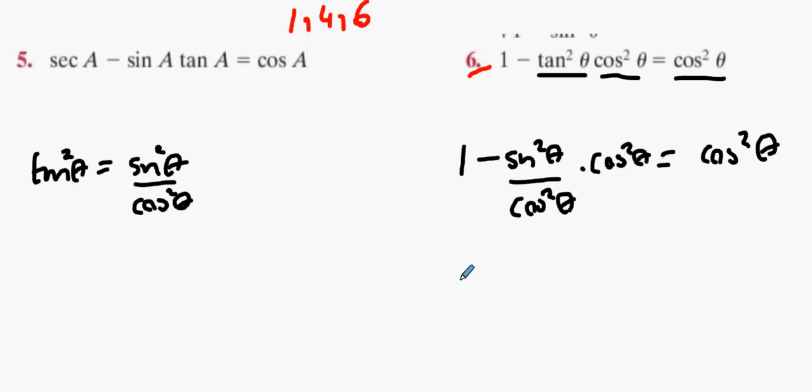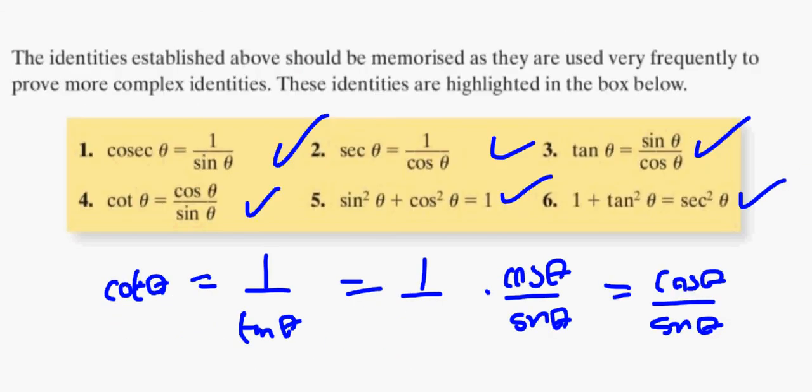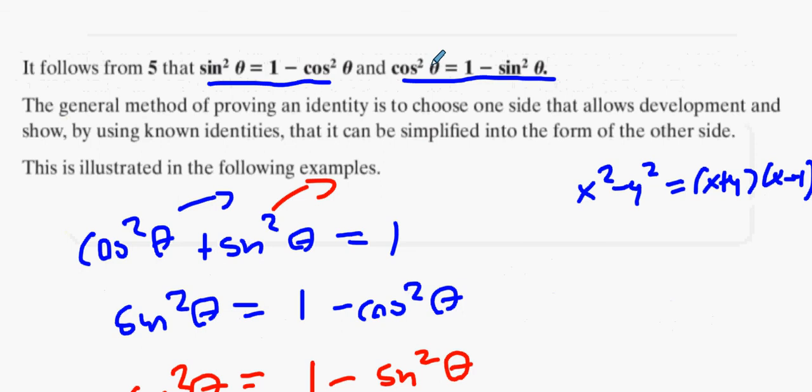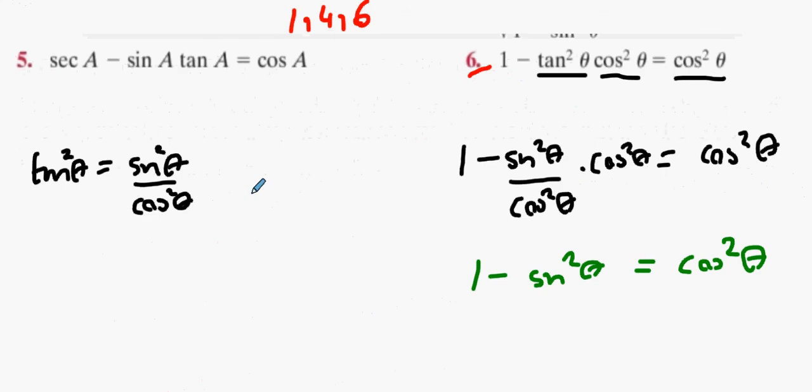I get 1 minus sine squared theta over cos squared theta. We know from earlier, a couple of steps backwards, that cos squared theta equals 1 minus sine squared theta, or sine squared theta equals 1 minus cos squared theta. So we get cos squared theta equals cos squared theta. So that's 1, 4, and 6 done.